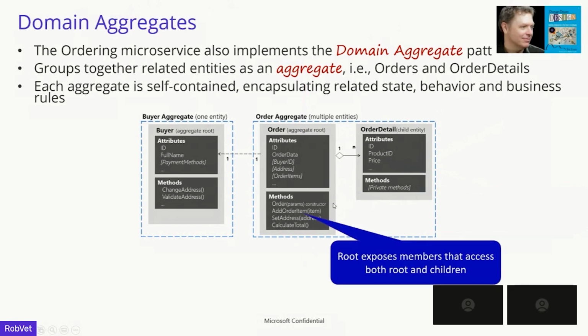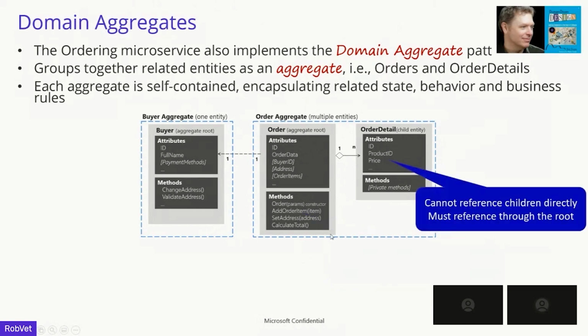So if I need to know how many products are in a certain order, I'm not going to call order detail. I'm going to call into the order class, the order entity itself. It will have members that will basically then call in on my behalf into order detail and then get me that particular number. So the root exposes members that access both the root and the children.